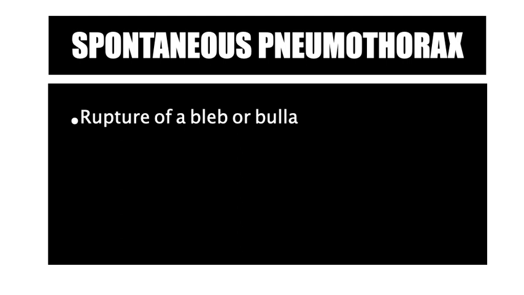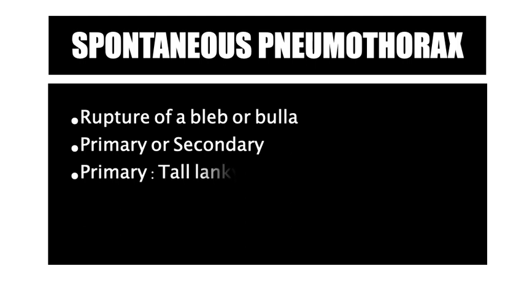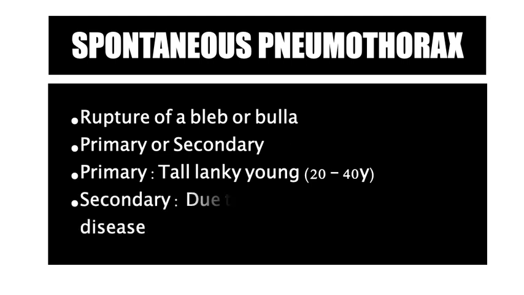It is classified by cause as primary or secondary. Primary if there is no identifiable cause. These patients are usually young, healthy, tall, and lanky. Secondary, if the bleb is attributed to an identified pulmonary disease like TB or COPD.